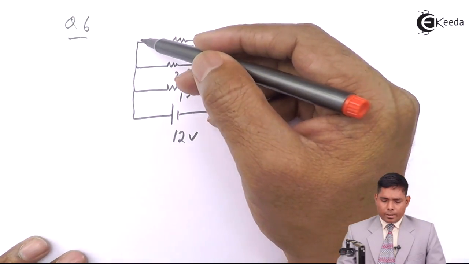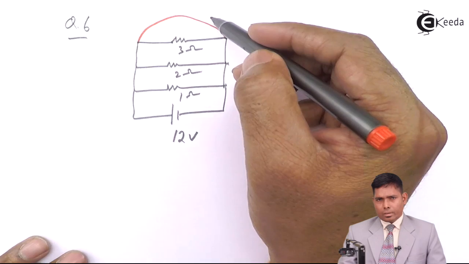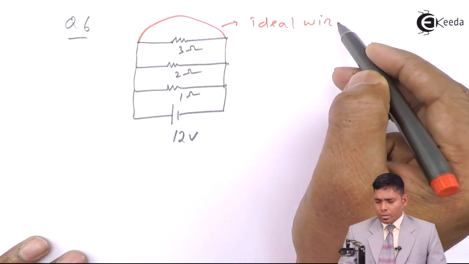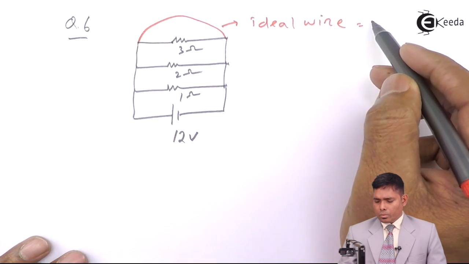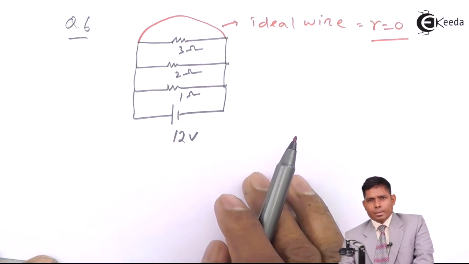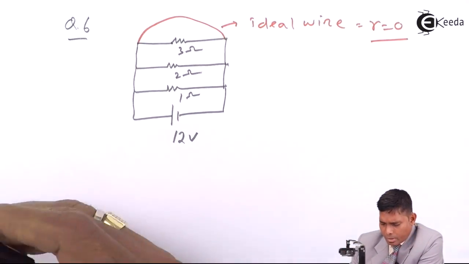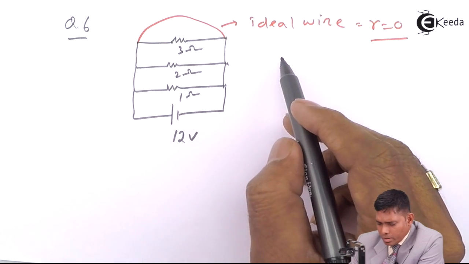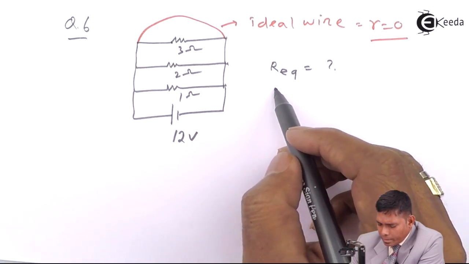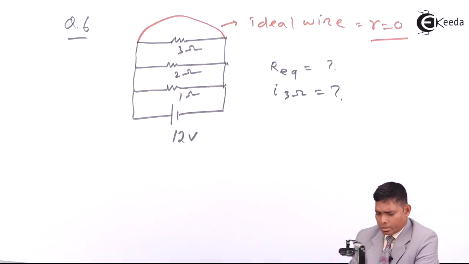The question is, if I connect a wire like this, an idle wire. An idle wire is one whose resistance is 0. It's negligible, we call it 0 resistance. Then what will happen? Two things can be asked: R equivalent and the current in the 3 ohm resistor.